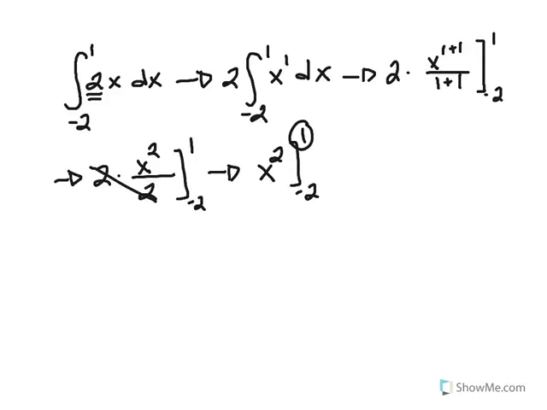So I'm going to plug 1 into this function. 1 squared is 1. Now, I'm going to subtract the value that I get from my smaller value. Negative 2 squared is positive 4. I evaluate that, and that gives me negative 3. So the area under that curve between negative 2 and positive 1 is negative 3.